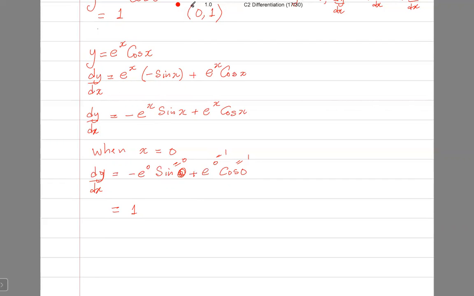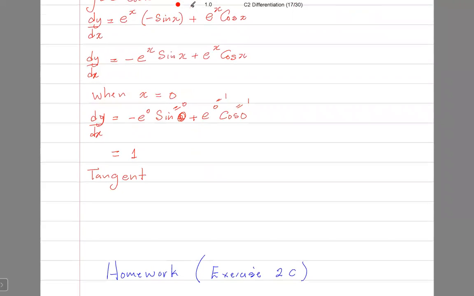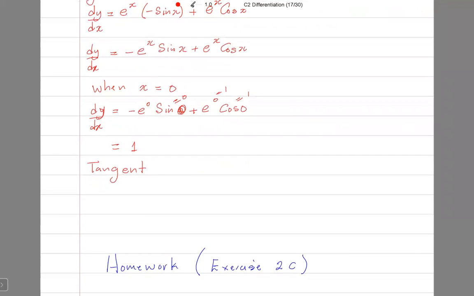So now I have enough information to find the tangent. The formula for the equation of a straight line is y is equal to m into x minus x naught plus y naught.